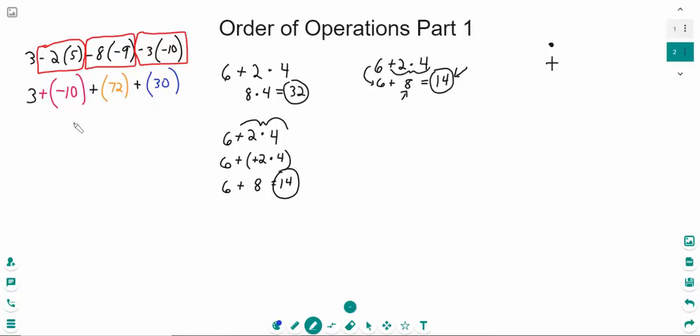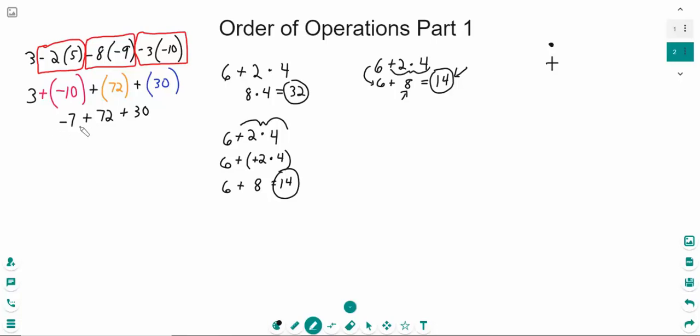All right, now we can do our addition. That's the next step in our order of operations here. So if we move on, we could say 3 plus a negative 10 is what? It's a negative 7. So we have a negative 7 plus our 72 plus our 30. And I just removed the parentheses here. We no longer need them.